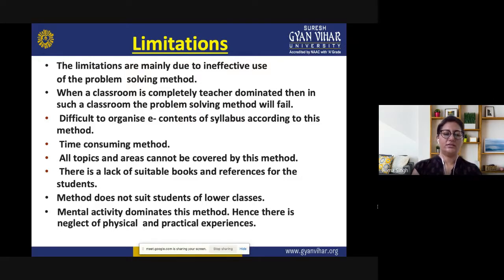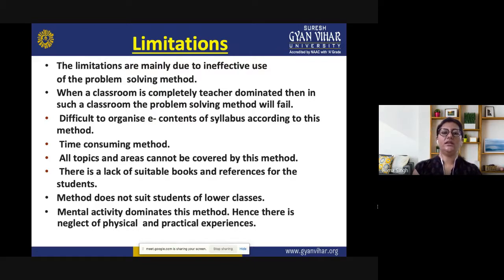As some teachers are still adopting teacher dominating teaching methods in the class, we cannot expect our students to do works or carry out solutions on their own. So in these situations, if the teachers do not take efforts, then the problem solving strategy will definitely fail.